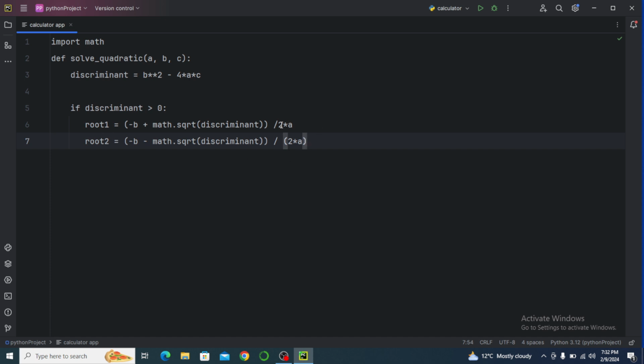I think this one should also be like that, 2 multiplied by a. Yes, so we have defined our roots.